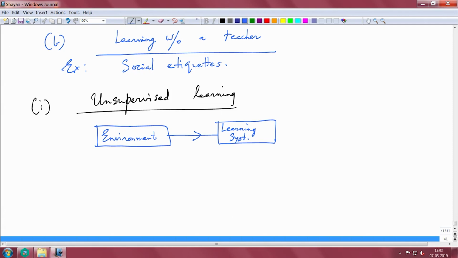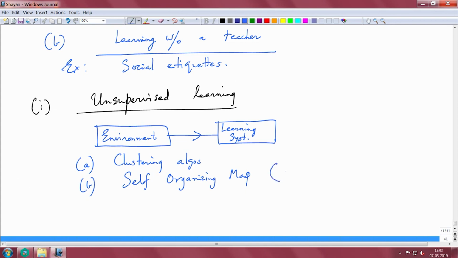A good example would be clustering algorithms in general, and the self organizing map is also an example of an unsupervised learning paradigm. Even the SOM does clustering, but there is much more to the SOM because there is a competitive learning mechanism within the self organizing map. So, I will distinguish the SOM against a general clustering algorithm such as the rudimentary k-means.